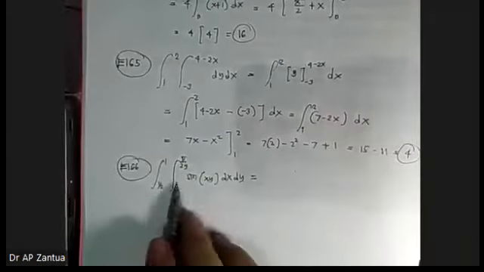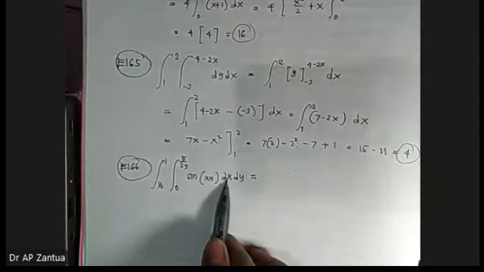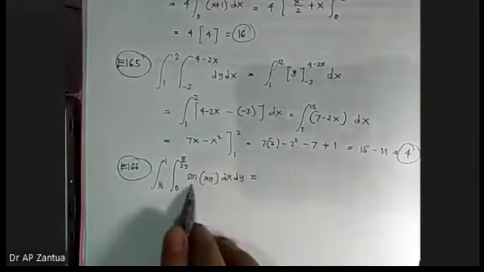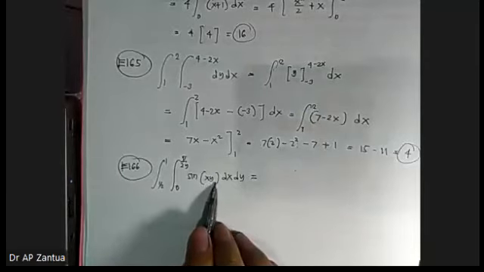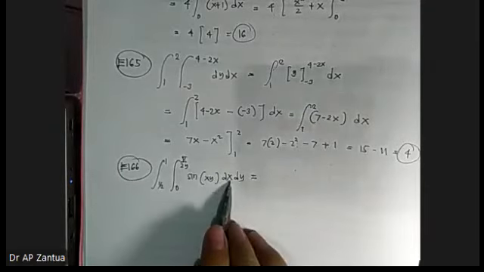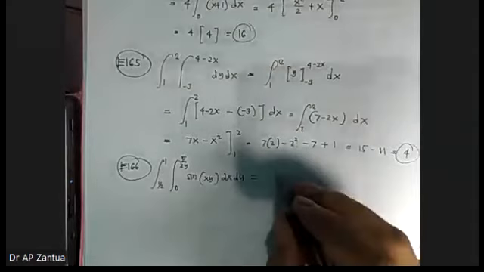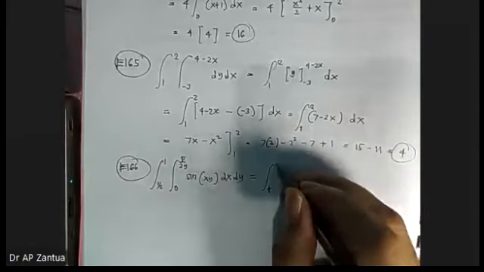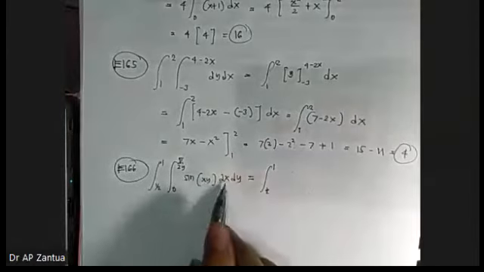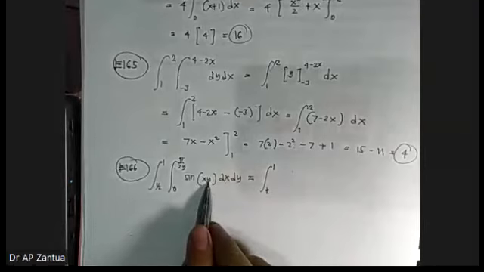Okay. Inner integration is with respect to x. So therefore, we can directly integrate sine xy with respect to x. From 1/2 to 1, with respect to x, we have a constant y.